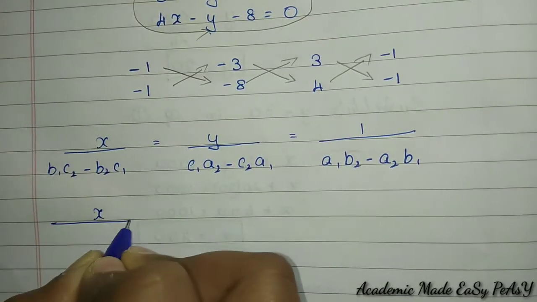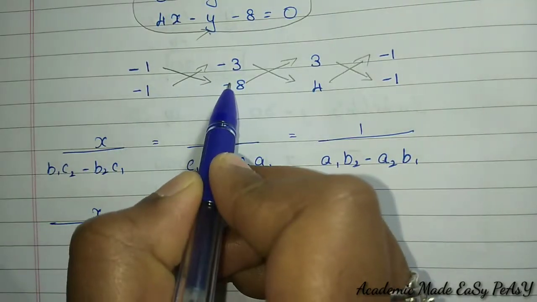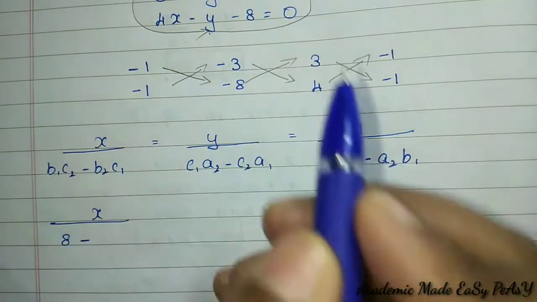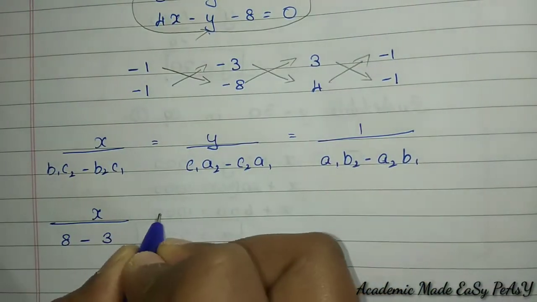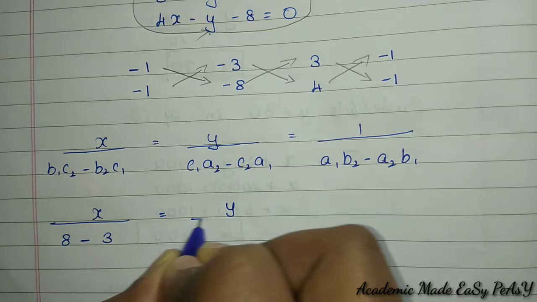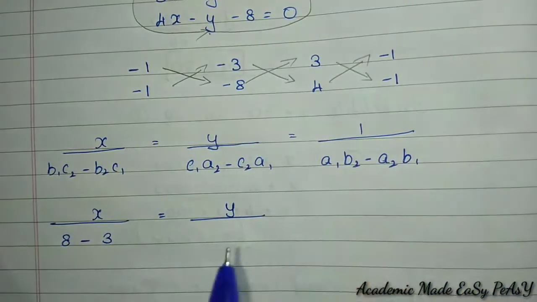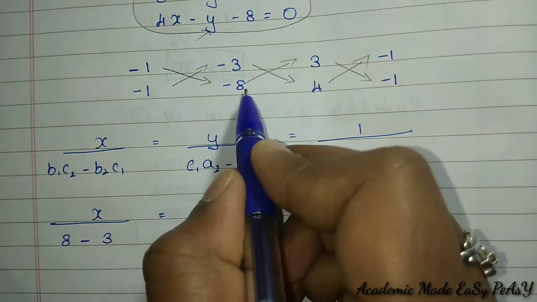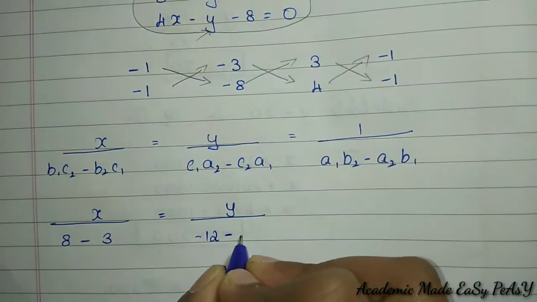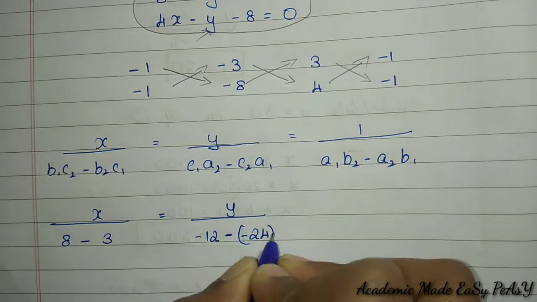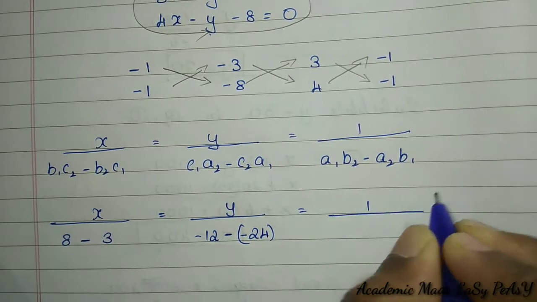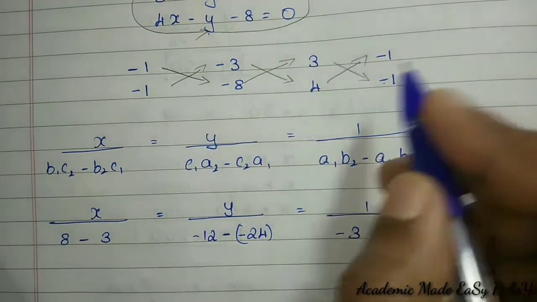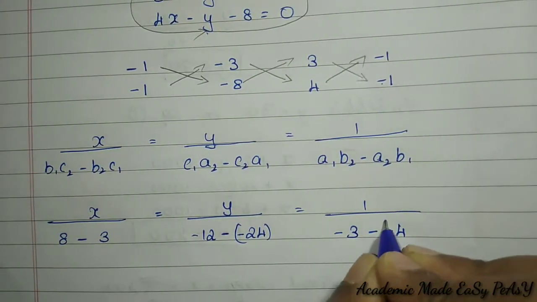So now we'll just substitute it. So x divided by minus 1 into minus 8 is plus 8. Minus into minus 3, it is plus 3. So y divided by minus 3 into 4 is minus 12, minus 8 into 3, it is minus 24, is equal to 1 divided by 3 into minus 1 is minus 3, minus 4 into minus 1 is minus 4.